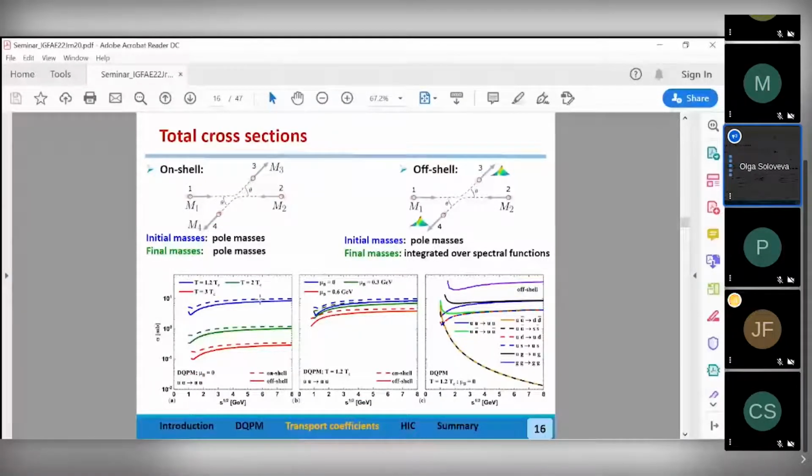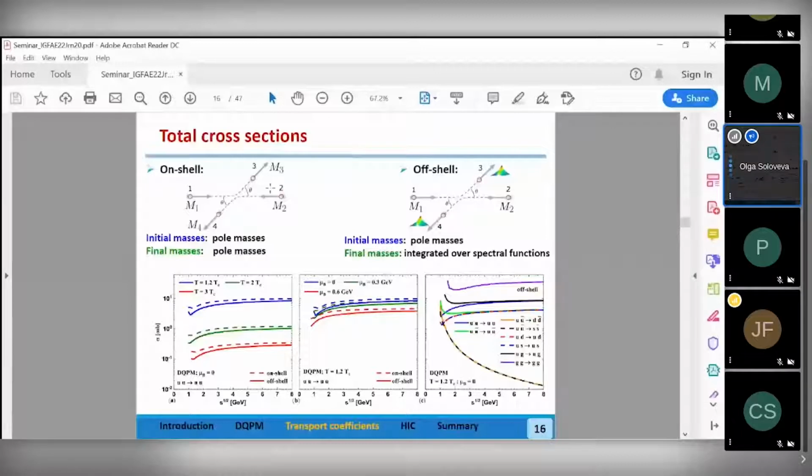And for quasi-particle model with finite widths, you can consider a few cases. We will consider for transport coefficients here the on-shell case, where we fix our masses as the pole masses of our spectral function. But in principle, for other quantities, not for the Boltzmann equation, but for other equations, you can use an off-shell definition.